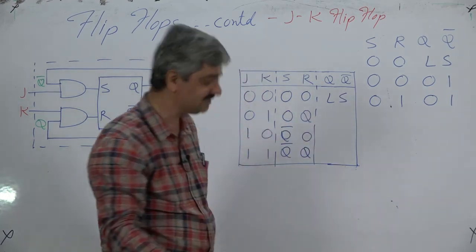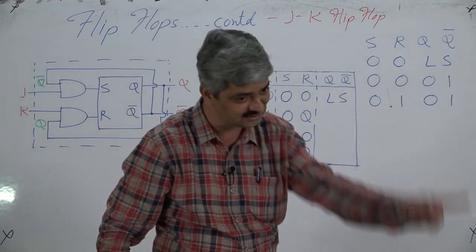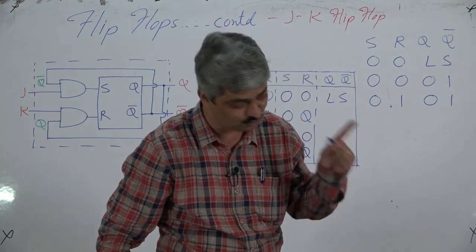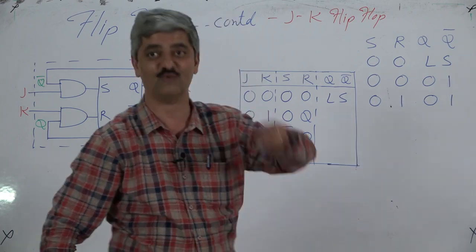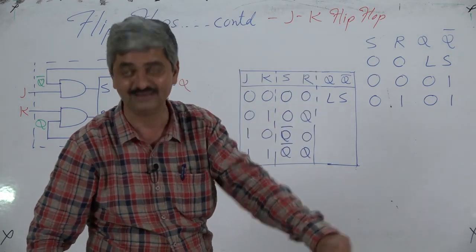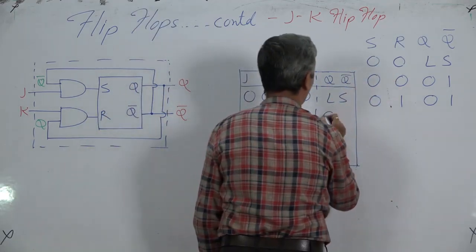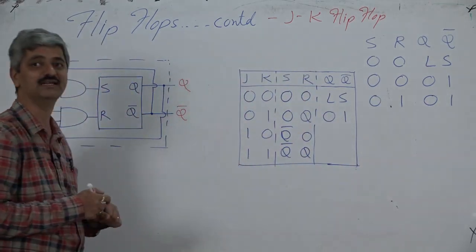So, in any case J equal to 0, K equal to 1 results into such S and R where if last state of outputs was 0, 1, it is maintained, and if last state of outputs was 1, 0, it is inverted to 0, 1. So, irrespective of last state, output state is 0, 1. So, when J is 0 and K is 1, output state is 0, 1.